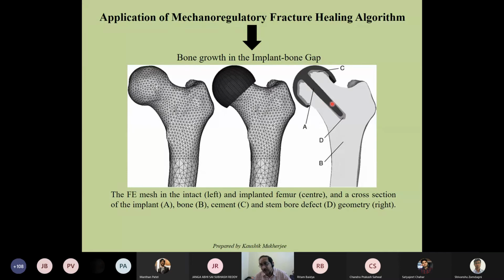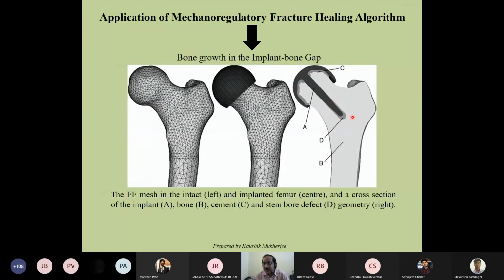It is an over-reamed hole, and there is a taper. You can observe that there is a taper in the stem that is going inside. So what does that mean? That a gap is created at the end, or the distal part of the stem or distal part of this hole.